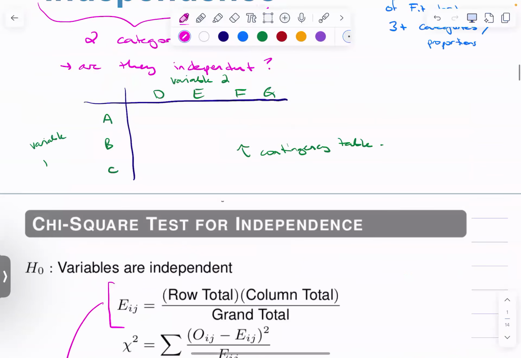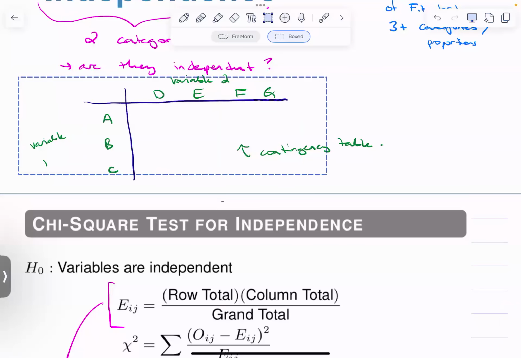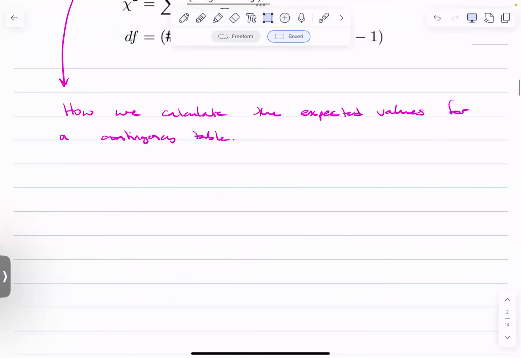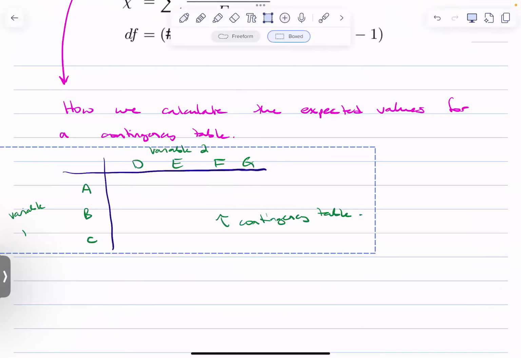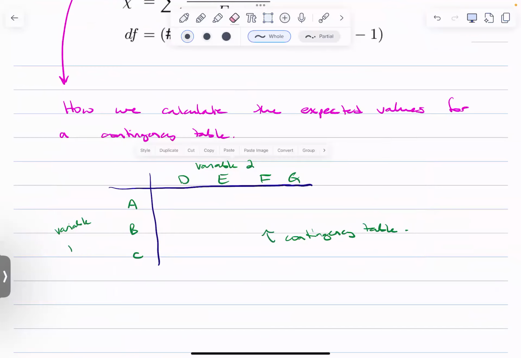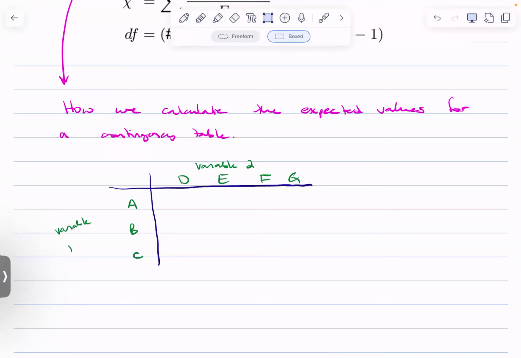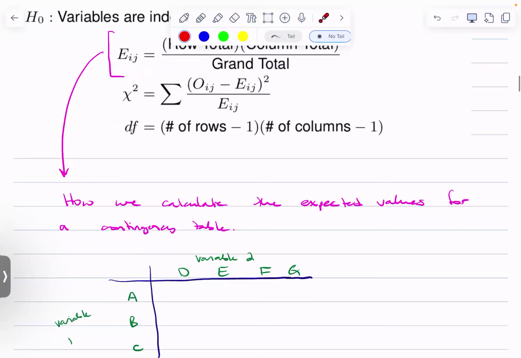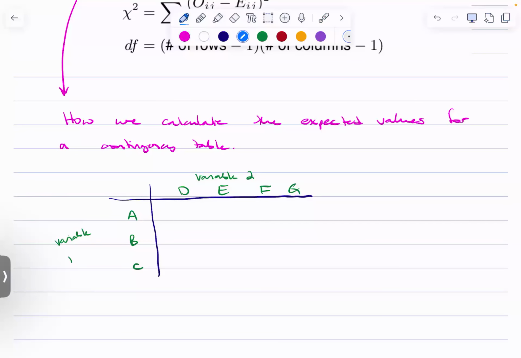So if I snag this, just establish some things here. In this contingency table that we had, if you need the row total and the column total and the grand total, then what you would need to do first is find the totals.